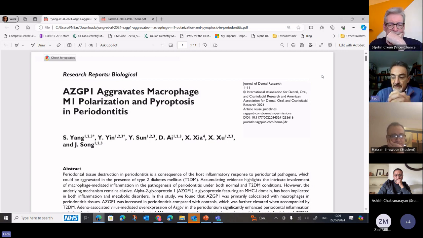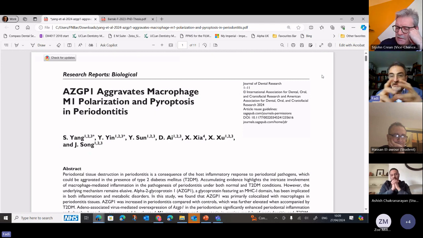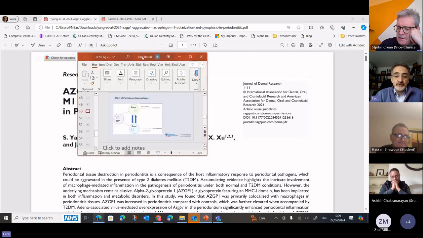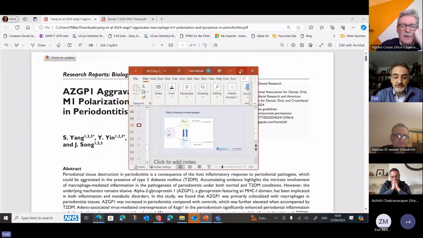One of the first lines of defense in periodontal disease is through macrophages, which is why they're bringing this in. And so although it's the first line of defense, macrophages can also have a destructive effect as well.